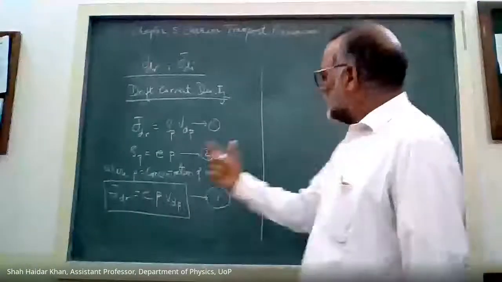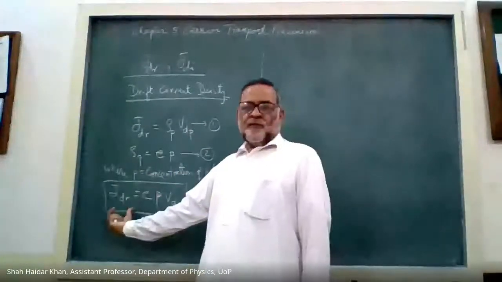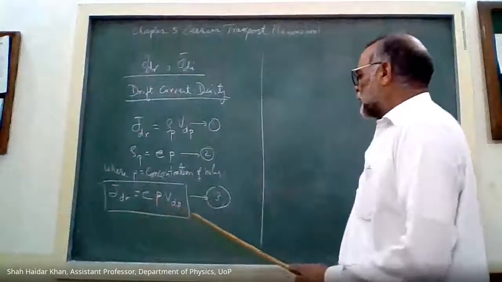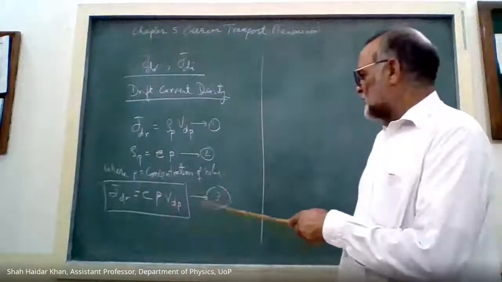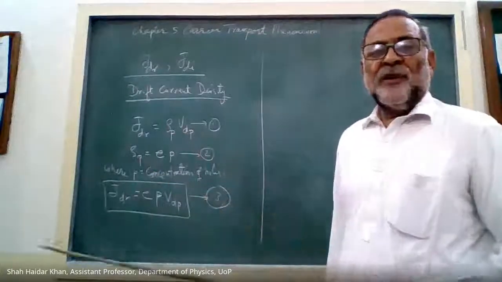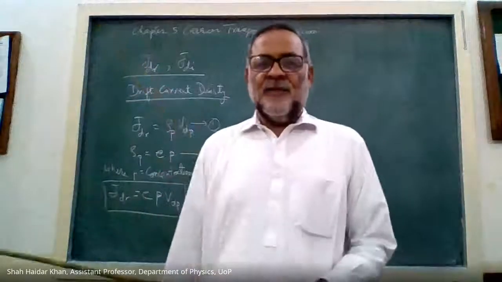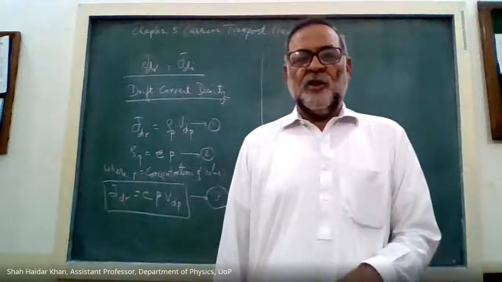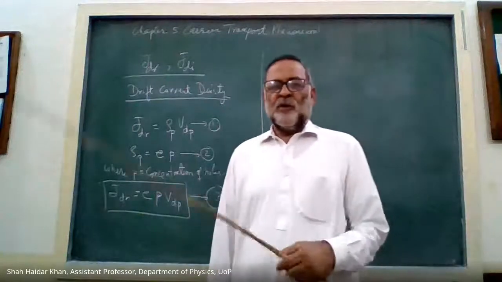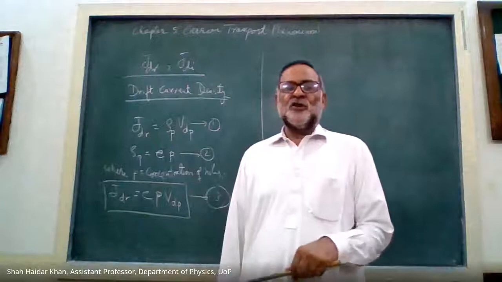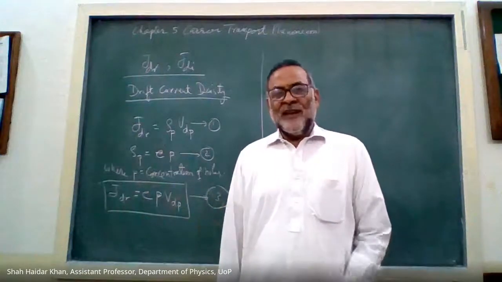We said that the current density here is proportional to the drift velocity of holes. But the velocity in itself is a response to some other thing, and that other thing is the field. So the velocity is a response of charge carriers to the electric field.